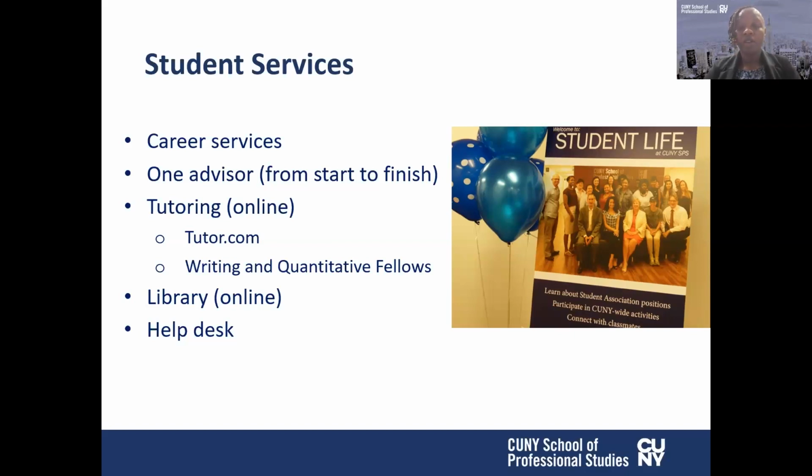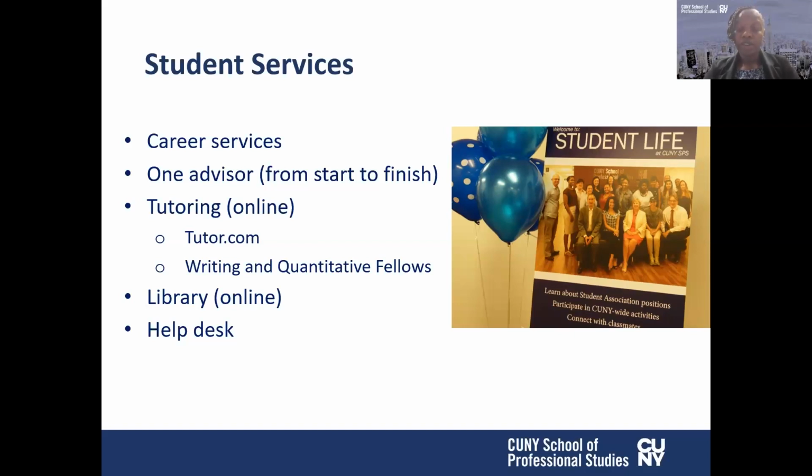They receive a lot of job opportunities and can direct you in what you qualify for. There are also one-on-one advisors. Once you're accepted, you're assigned to an advisor who can walk you through how to register and which classes to register for. If you have other things you want to discuss that are geared towards your education, they can help you with that.